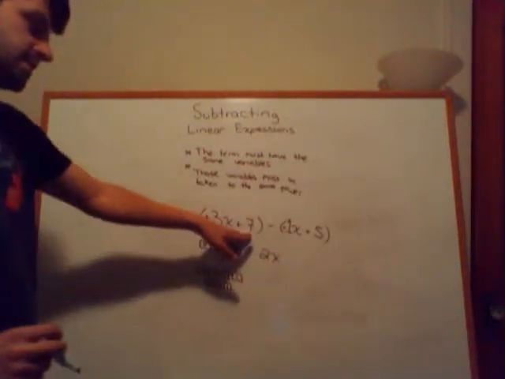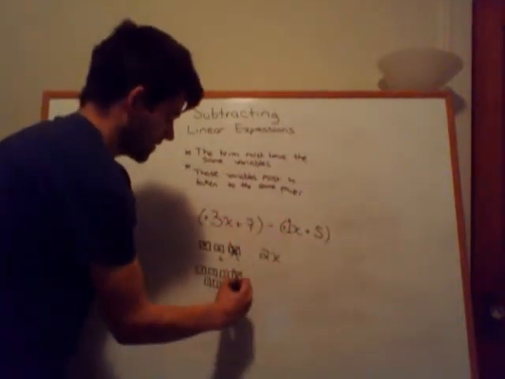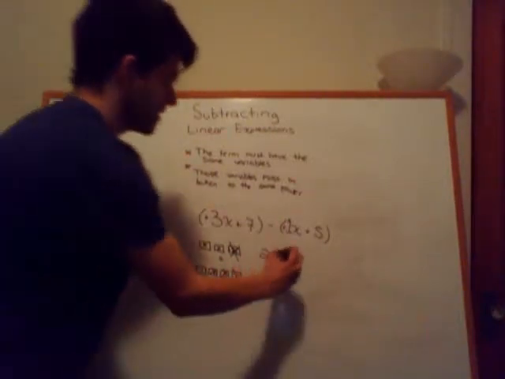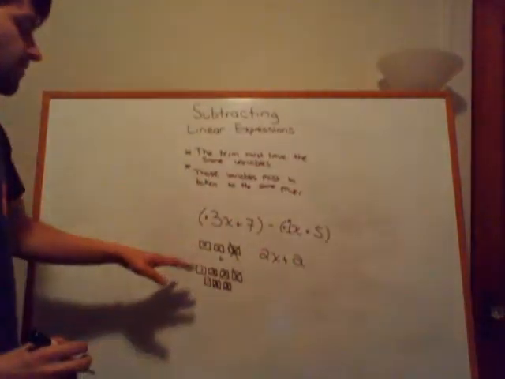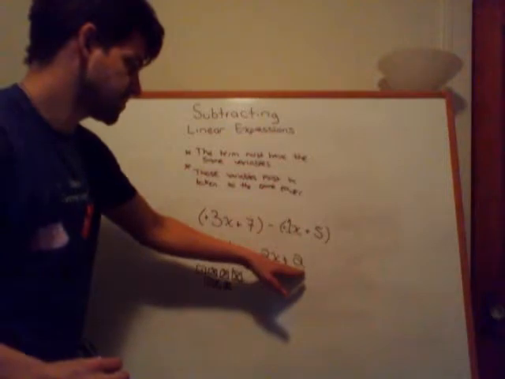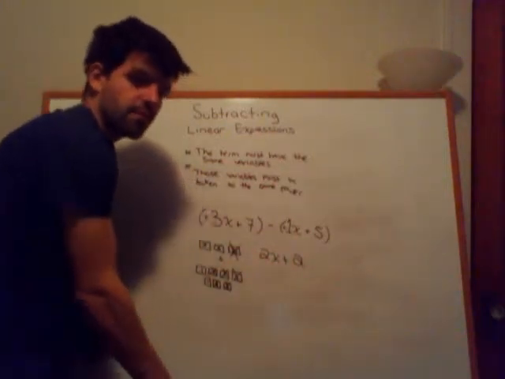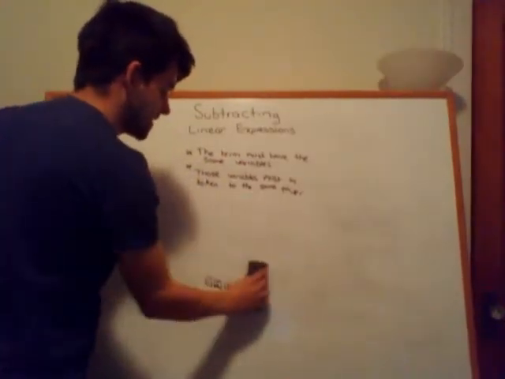If I take a positive 7 and subtract a positive 5, I take away 5, that leaves me with 2. So my final answer, when I combine the like terms again, is 2x plus 2.